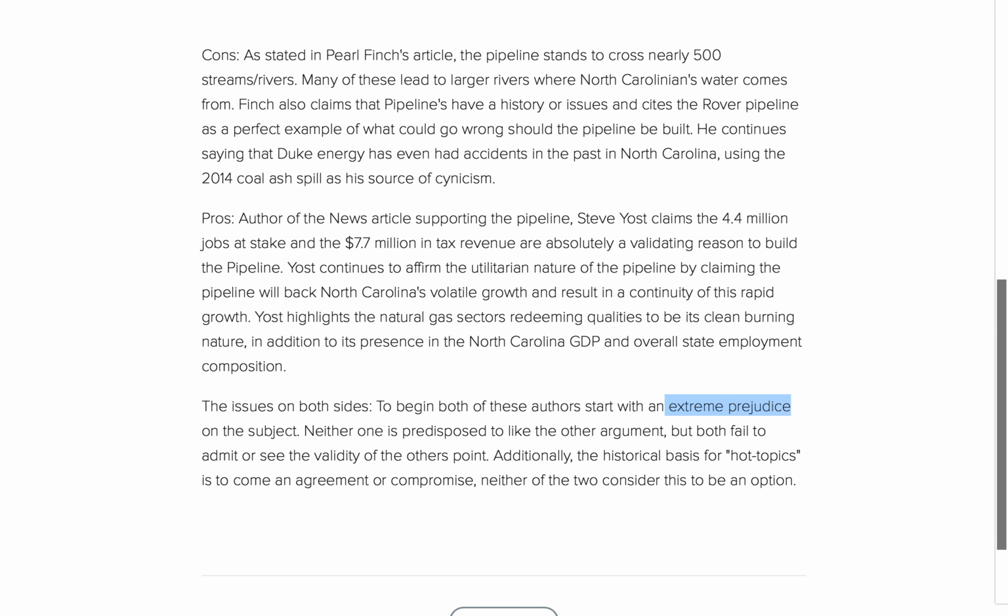So you don't want to use strong language like that. You want to say something like, they're coming from very different perspectives. Here are those perspectives, and they obviously don't align with one another. So you want to be careful about your own language here.